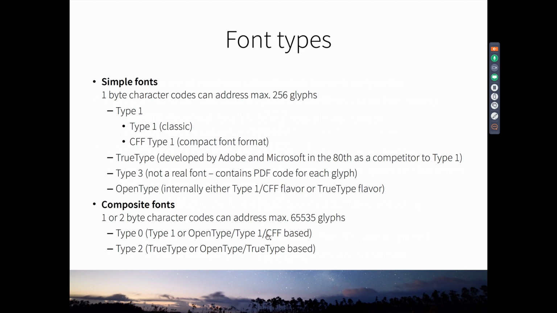So it's either the one thing that has been invented by Adobe, type 0, or type 2, which is something very similar to TrueType. So the summary is, from the real font formats that have been invented at some point, everything goes back to either type 1-like structures or to TrueType-like structures.